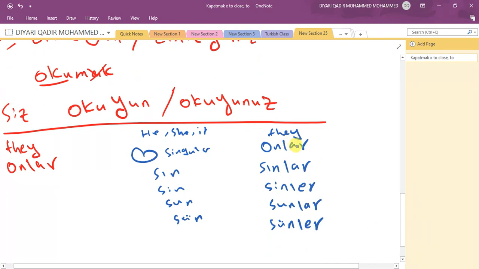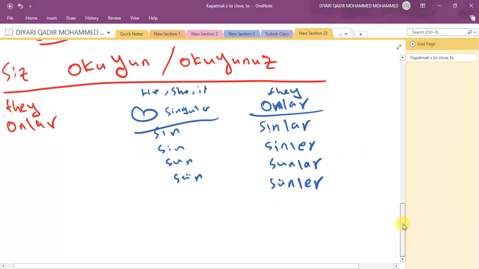The reason is this lar is for this u, which is a main letter. Sun, this is a main letter, so I use lar. This sin is a woman letter, so I use ler. Okay, that's why. Now all the other things will be the same.